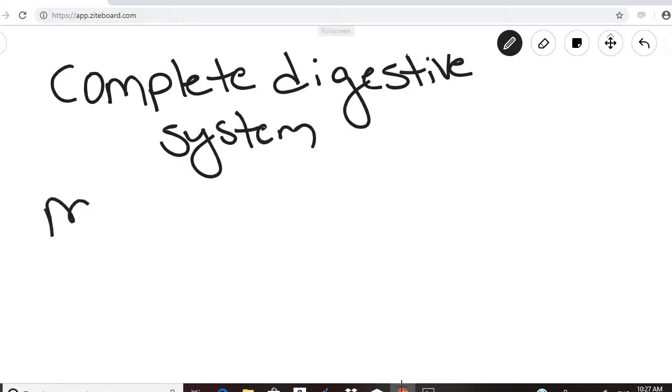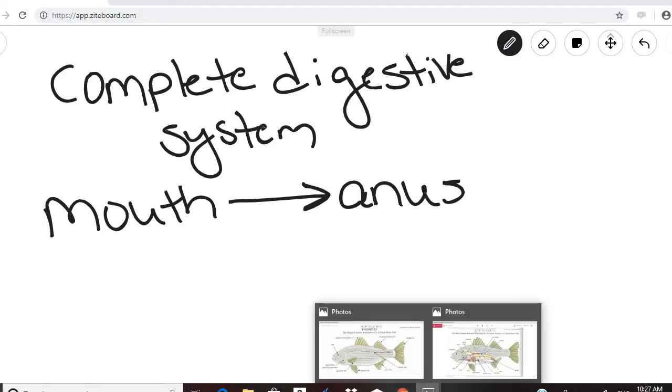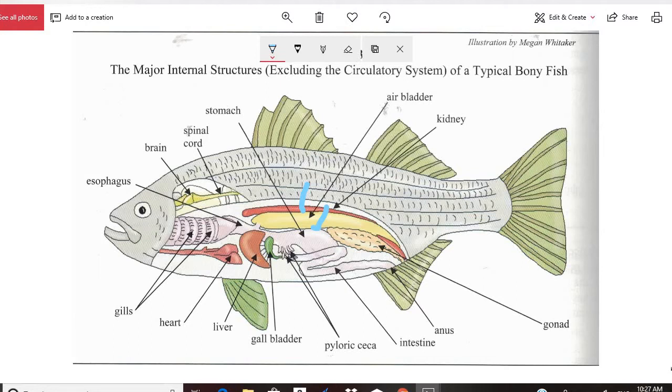The digestive system starts at the mouth, and waste is eliminated through the anus. Let's go back to that picture, and I want to point out a few things about their digestive system.